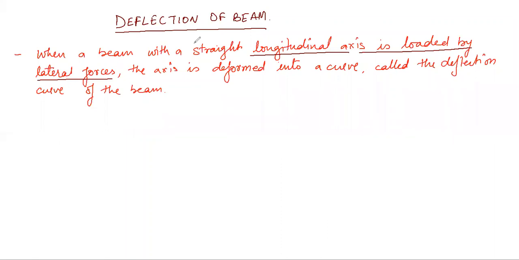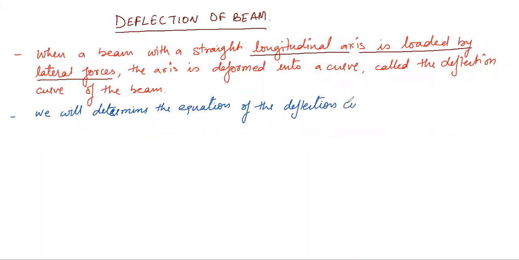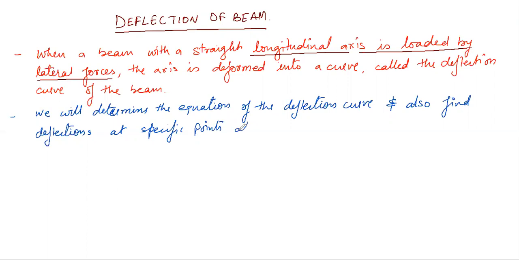So basically, in this chapter, we will determine the equation of the deflection curve, and also find deflections at specific points along the axis of the beam, right?